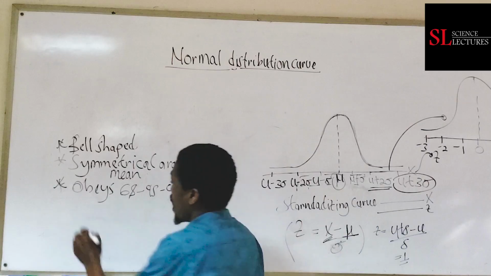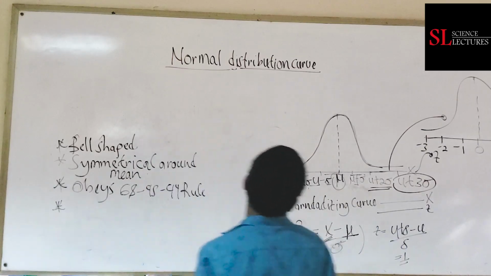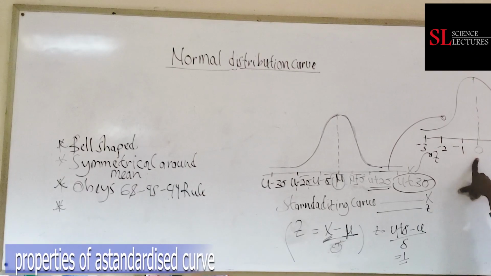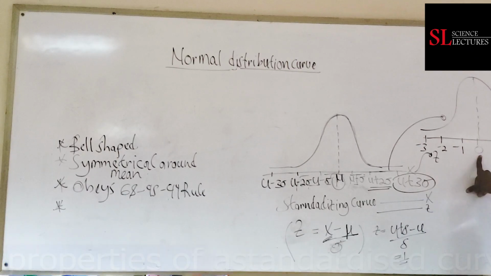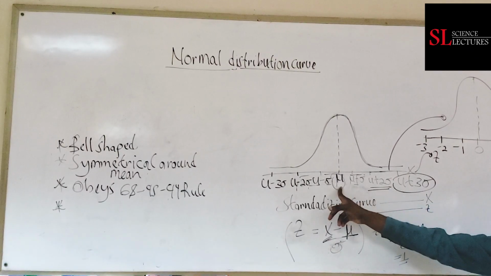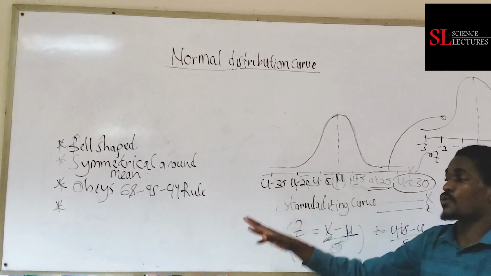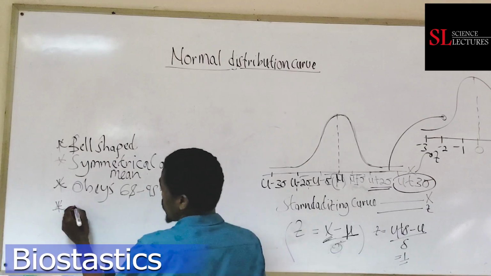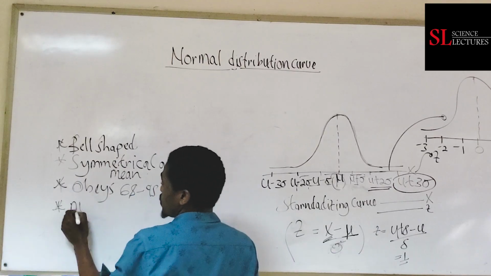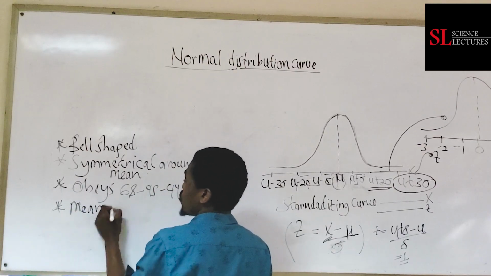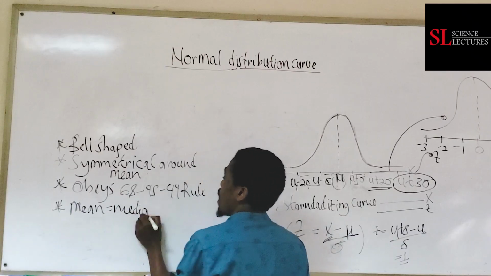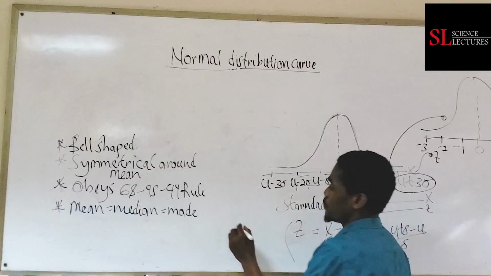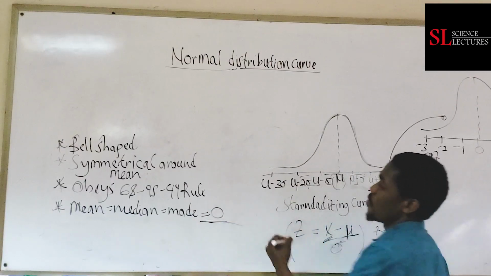Then there are some other new things we are seeing. The mean will be equal to mode and equal to median, but equal to 0, because we've shifted. The mean has become 0, and initially the mean was mu. In the normal distribution, mean is equal to mode, is equal to median, but not equal to 0, as in the standardized normal. So the mean still will remain equal to median and equal to the mode, but now, interestingly enough, all will be equal to 0.